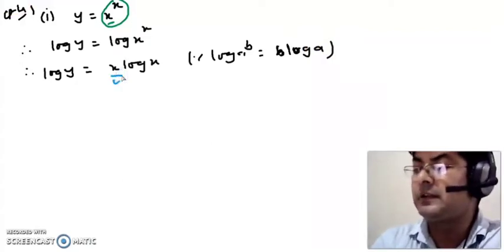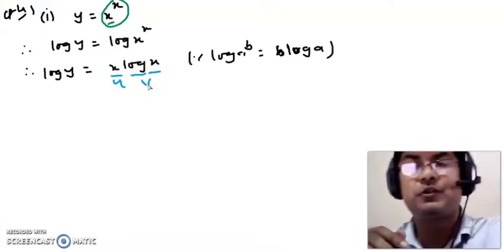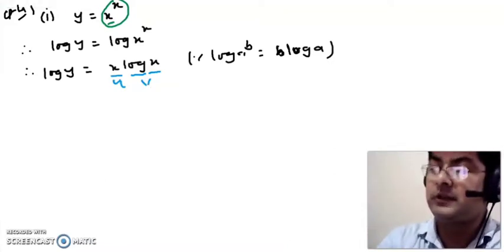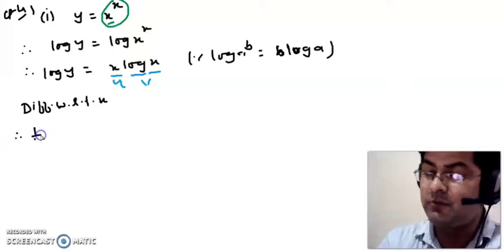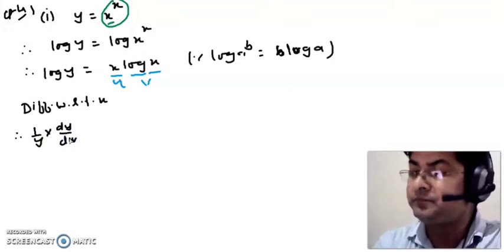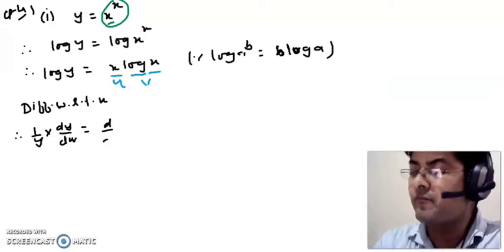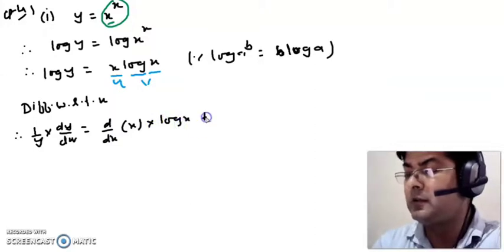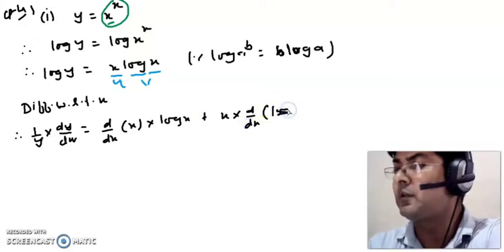Okay, how? Here x you will consider to be function u and log x as function v, then d by dx of uv. Okay, so let us differentiate. Okay, differentiating with respect to x, therefore differentiation of log y will be 1 by y into differentiation of y, dy by dx is equals to, okay, here d by dx of x into log x plus x into d by dx of log x.